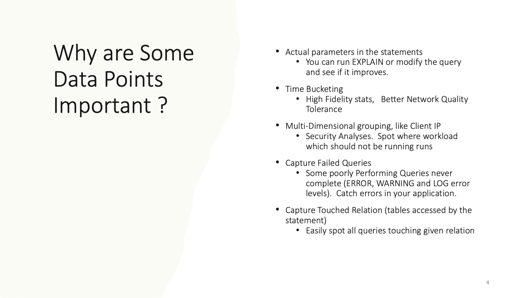The actual parameter in a statement: when you analyze your query, you need to know that when you run your query, sometimes it runs perfectly, like select star from foo, any table, where id is equal to 1, maybe there is one row, and the query runs really fast.